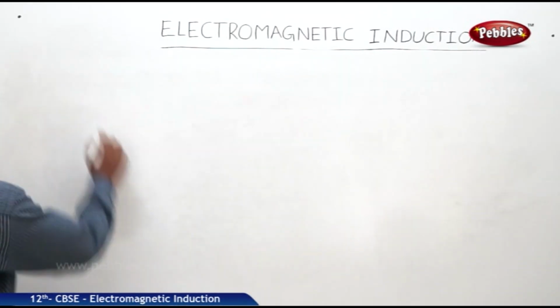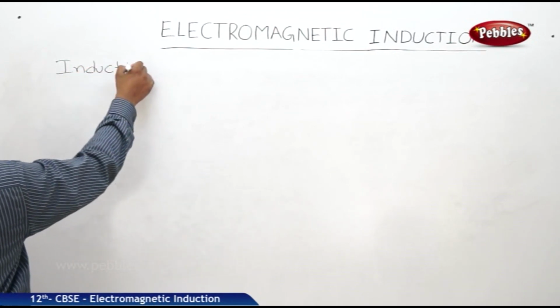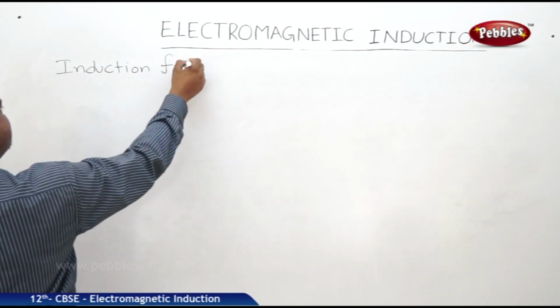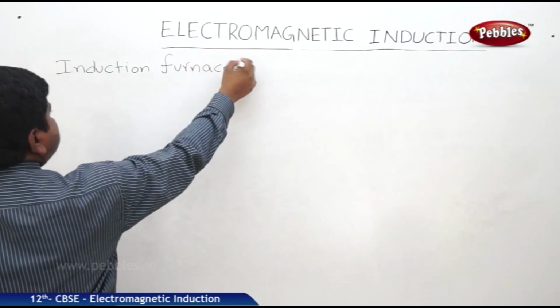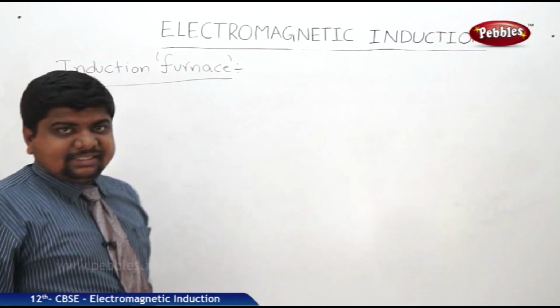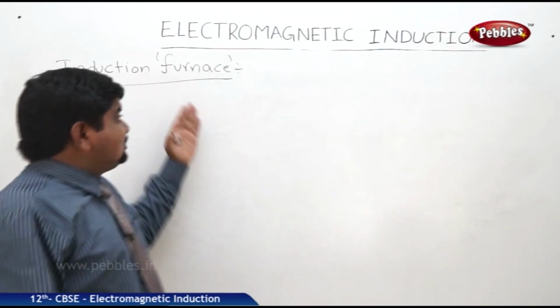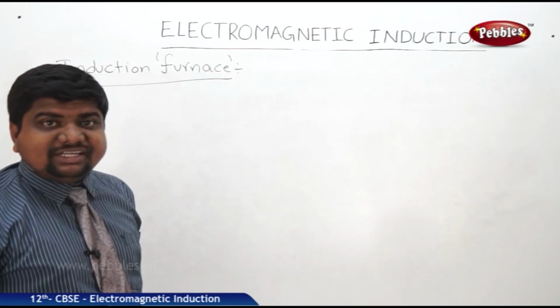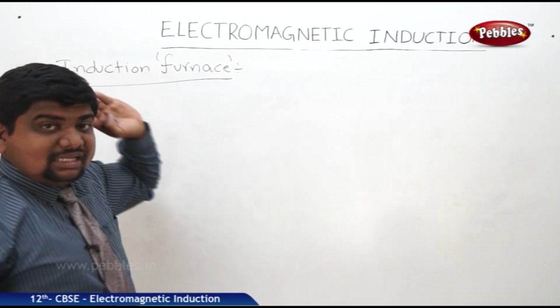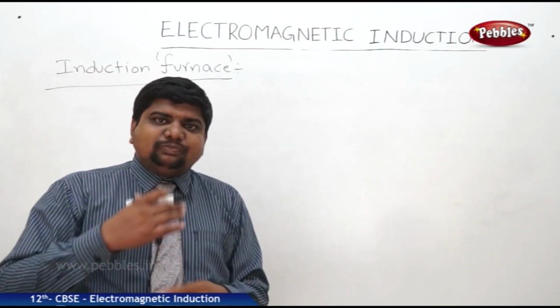Third one is the induction furnace. This furnace is useful to prepare alloys. If you want to prepare any alloy of 2 or 3 metals, the metals won't melt at normal temperature. So we should produce a huge amount of temperature to melt the metals and prepare the alloys.